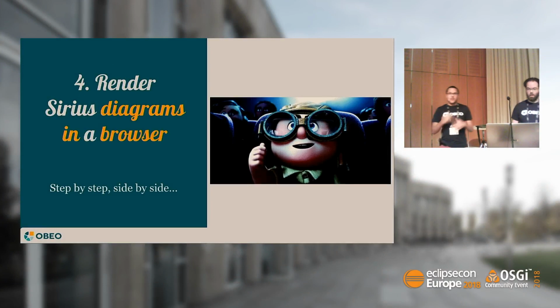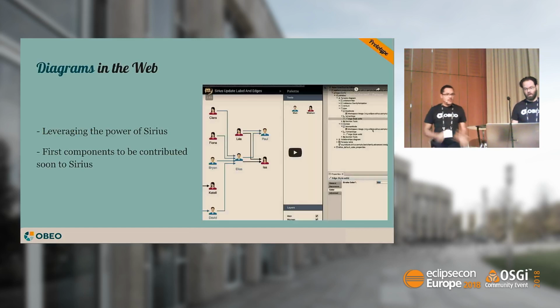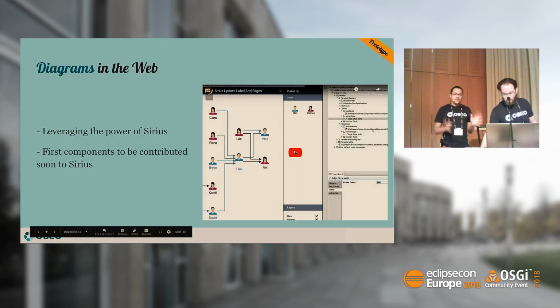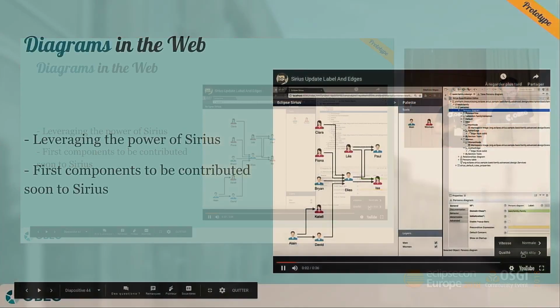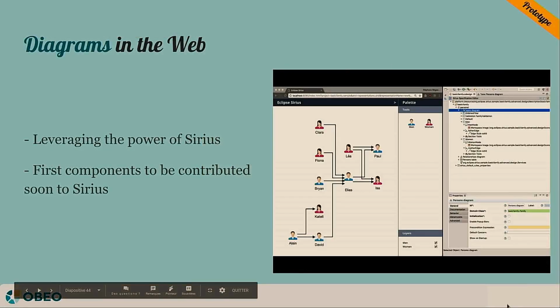So we are moving with this step by step, and one of our first milestones that we wanted to achieve was being able to render Sirius diagrams inside of a web browser. For that, we want to leverage the power of Sirius and all the existing features that we have built over the years.